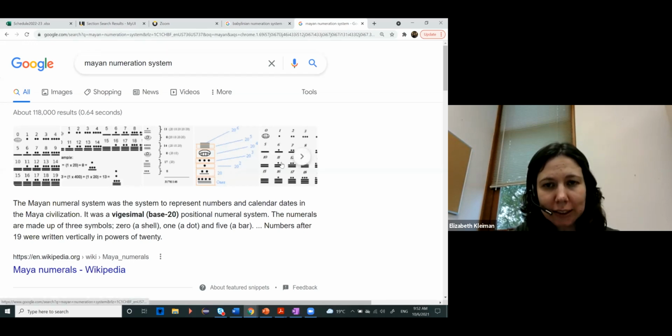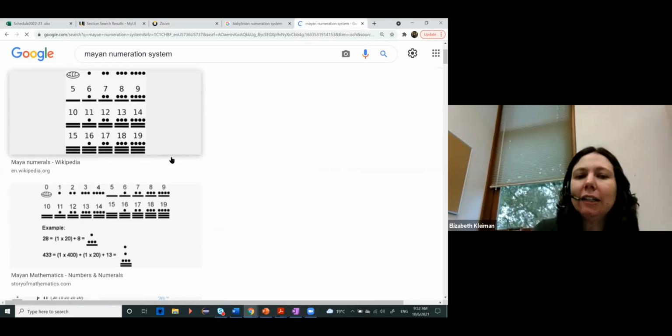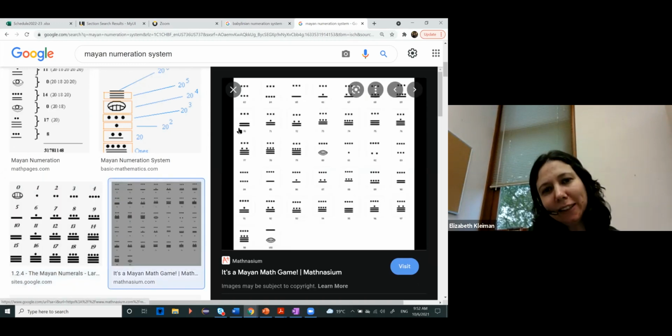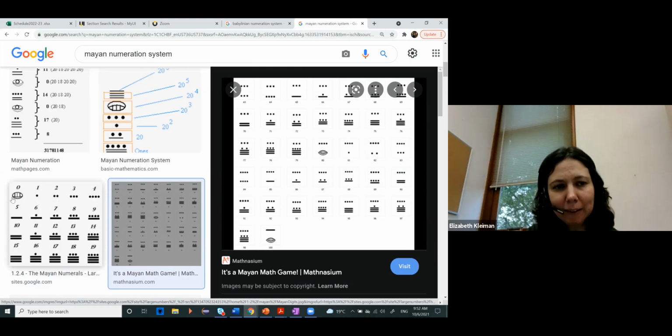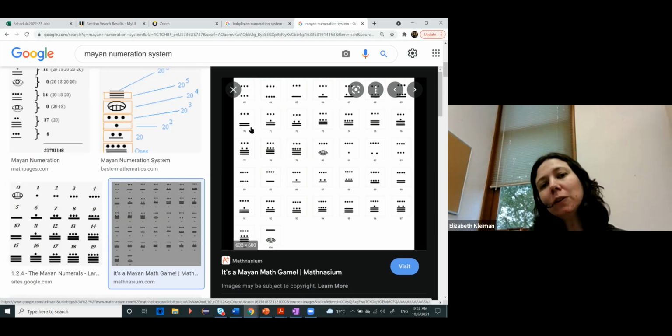They combined numbers in a really interesting way. They not only put different numbers, so dots and football-ball shapes and lines, it's also dependent on where exactly this stands.